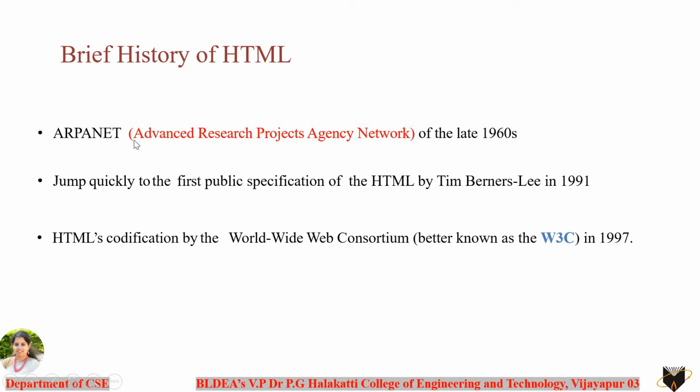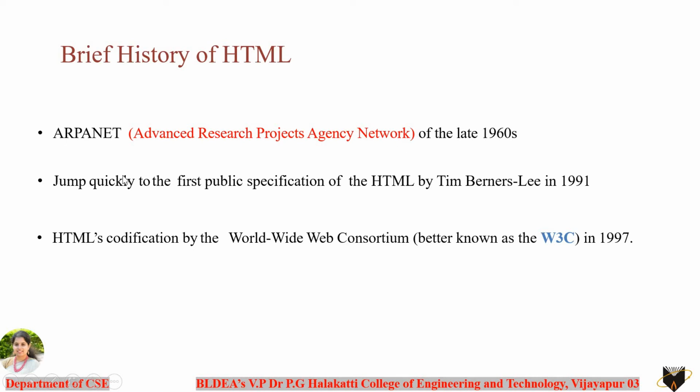So they came up with the idea of networking, which in turn led to the idea of publishing the information in the form of HTML. So you can say that both networking as well as HTML came into existence in the 1960s with the help of the Advanced Research Projects Agency Network.